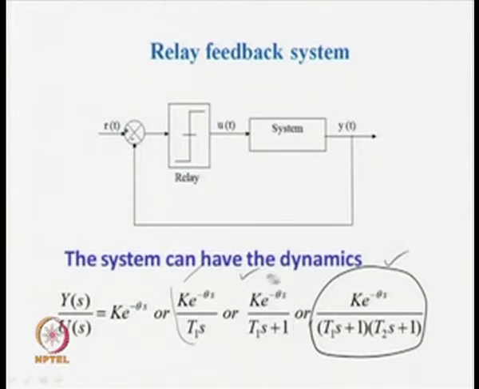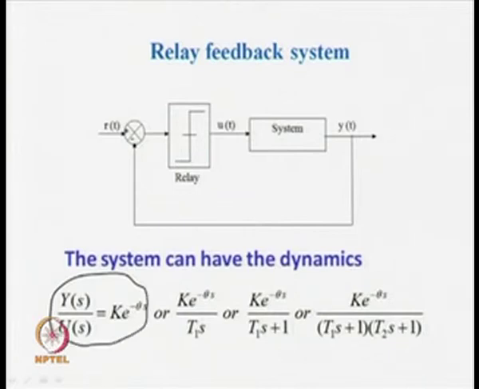Now, when the system dynamics is given in different forms, different types of output signal are expected from this relay feedback system. We shall discuss them one by one. Let us consider the simplest case of the system, which is given by the ratio Y(s)/U(s) equal to K e^(-θs). In that case, what happens?